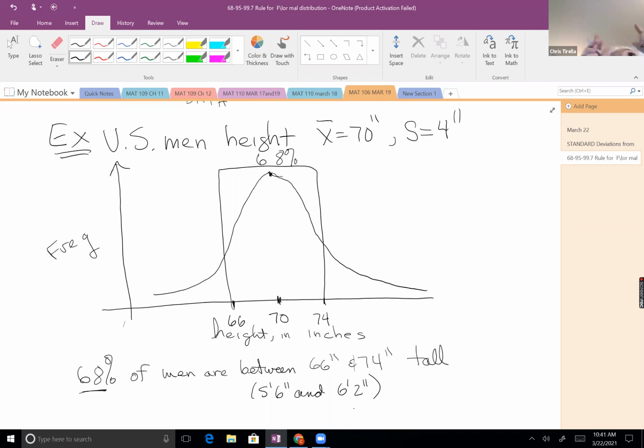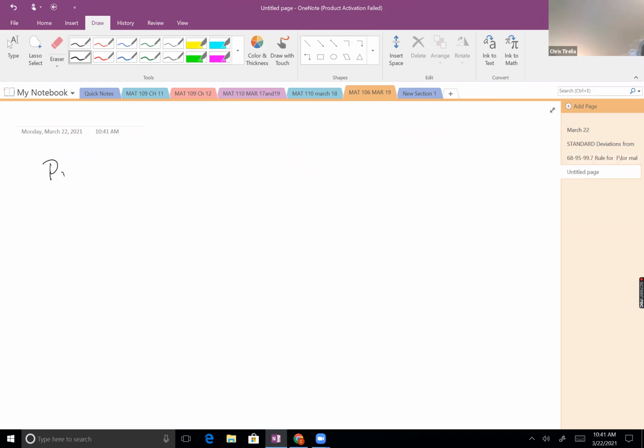Those scores will be normally distributed. It happens in so many things. So, the second part of the rule is the 95. And that says that 95% of the population falls within 2 standard deviations of the mean.